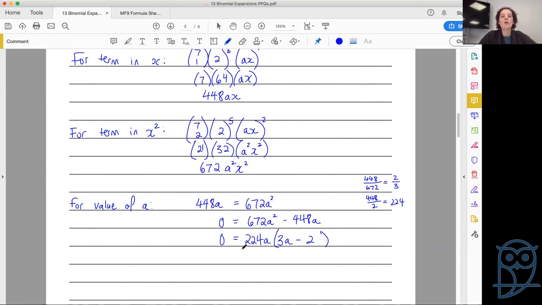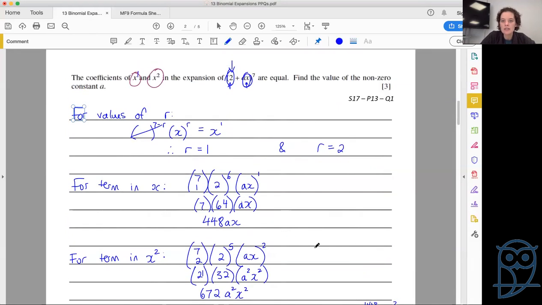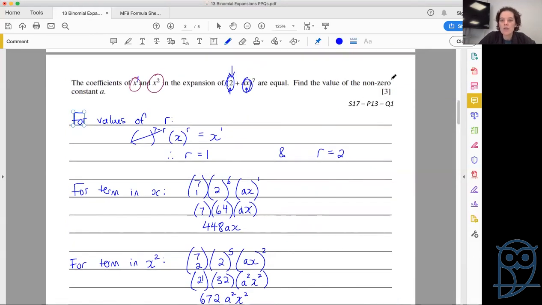So, always solve your quadratic properly. a equals 0, a equals 2/3. But remember there was a line there in the question. The question said, find the value of the non-zero constant a. They don't write things like that for fun.